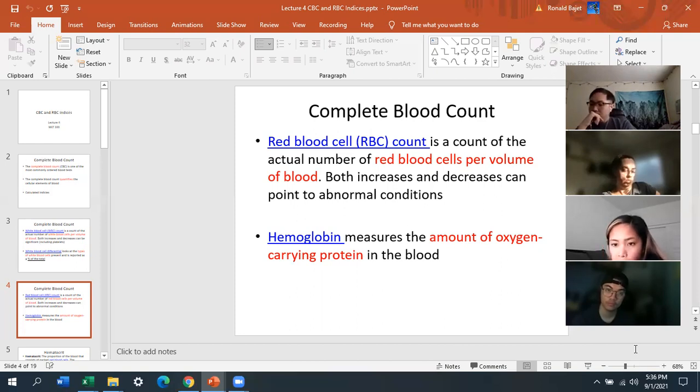You can call that a left shift, but usually a left shift refers to white blood cells. On the white blood cell side, the mature cell is a neutrophil, which you know from the differential. The cell before the neutrophil is called a band.